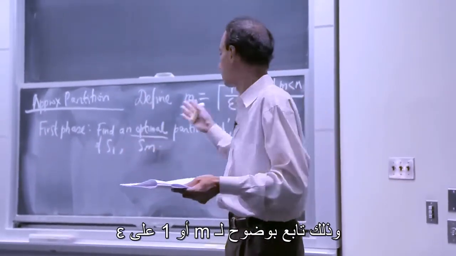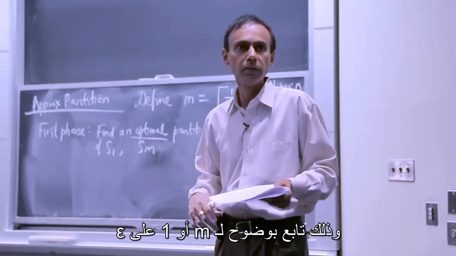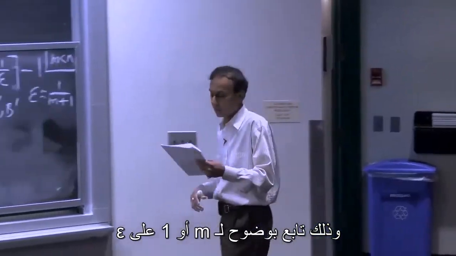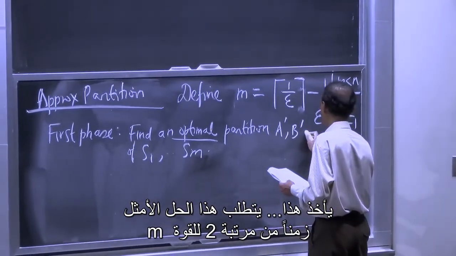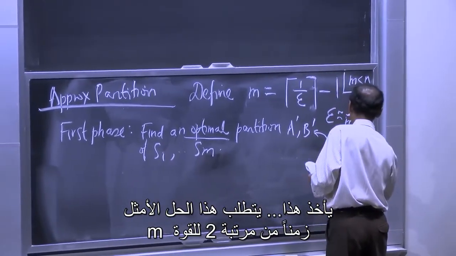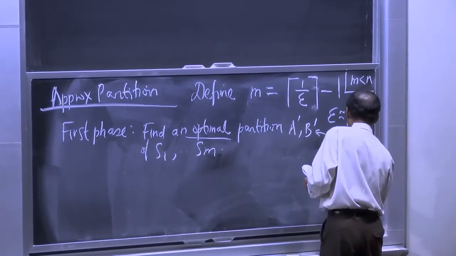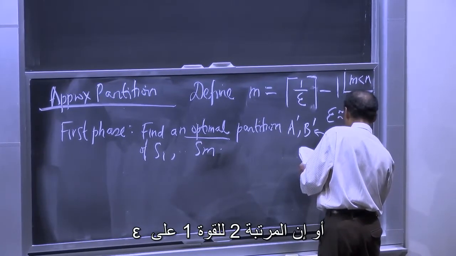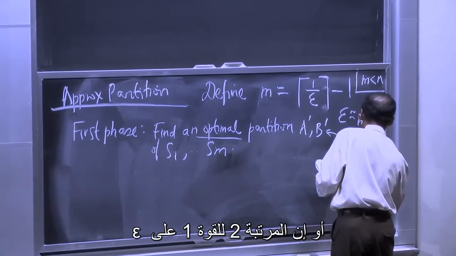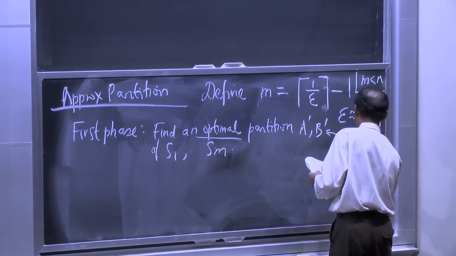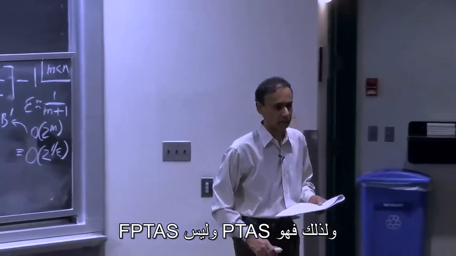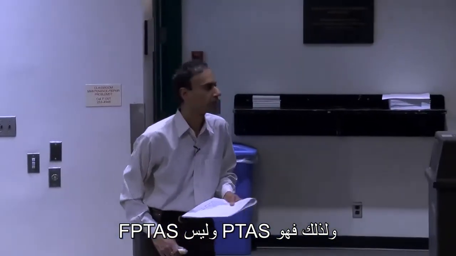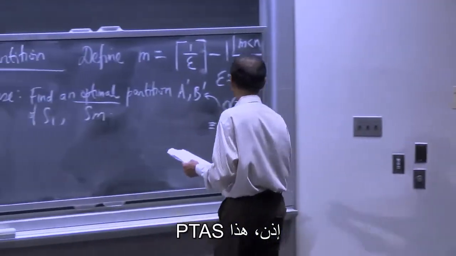And obviously, that's a function of small m, right, or 1 over epsilon. And so this optimal takes order 2 raised to m time. And you can think of that as order 2 raised to 1 over epsilon. And so that's why it's a PTAS and not an FPTAS, okay? So this is PTAS.